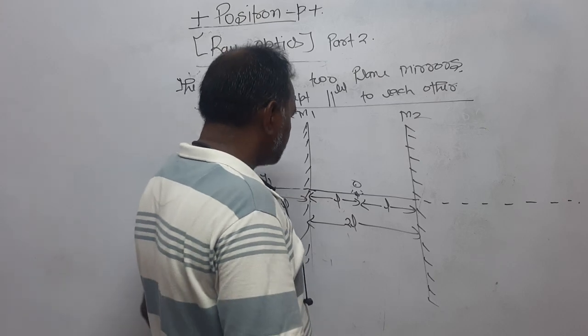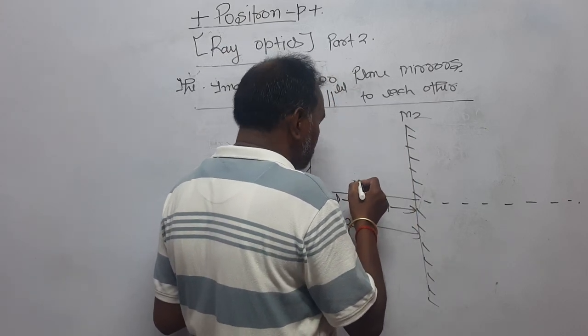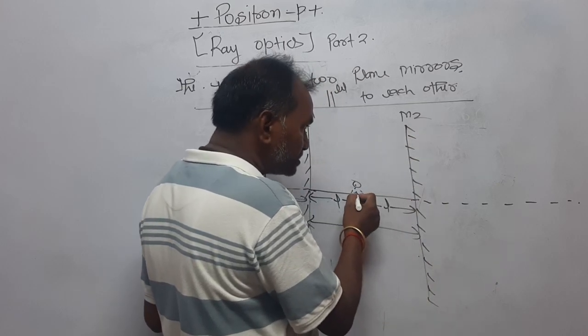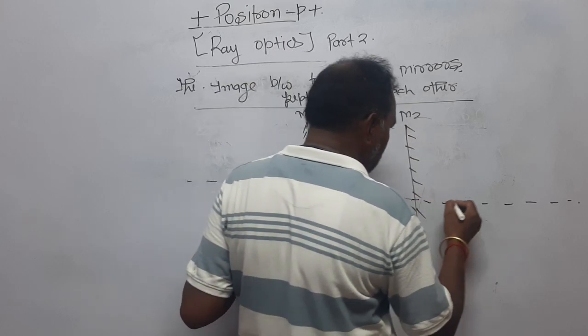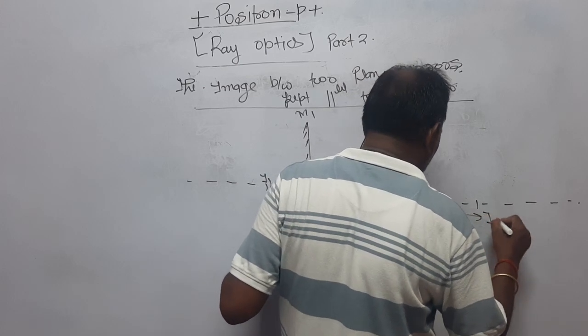Dear students, again the image of this object by mirror M2 is again small L distance away, let this be I2.